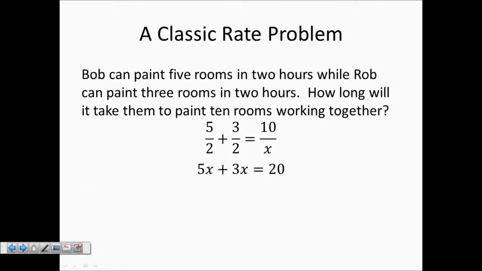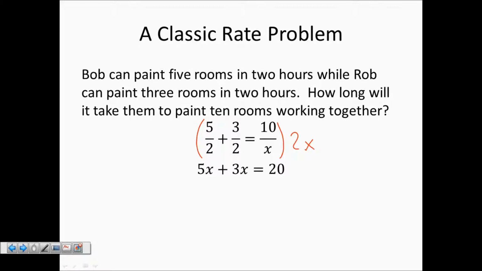I'm going to go ahead, multiply by 2x. So the way I want to solve this is get rid of the fractions by multiplying by 2x. The 5 and the 3 have that 2 on the bottom, so those 2's cancel out there, but they don't have that x on the bottom. So the 5 gets multiplied by the x, the 3 gets multiplied by the x.